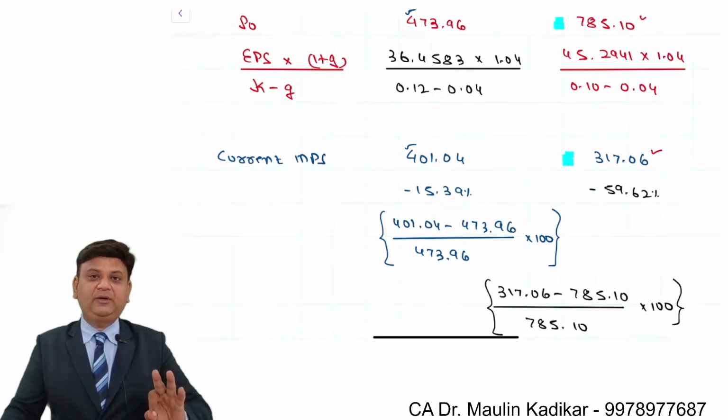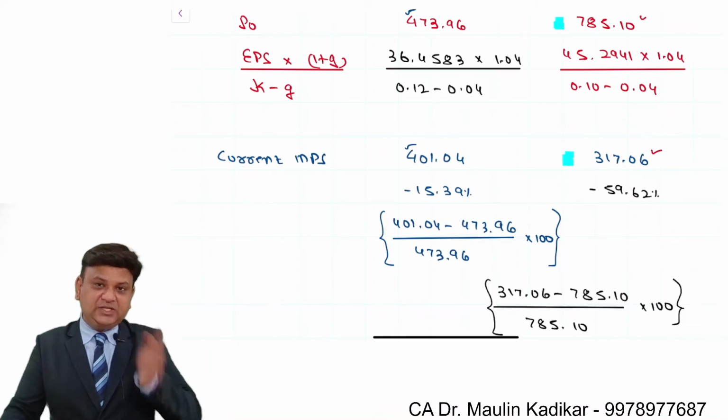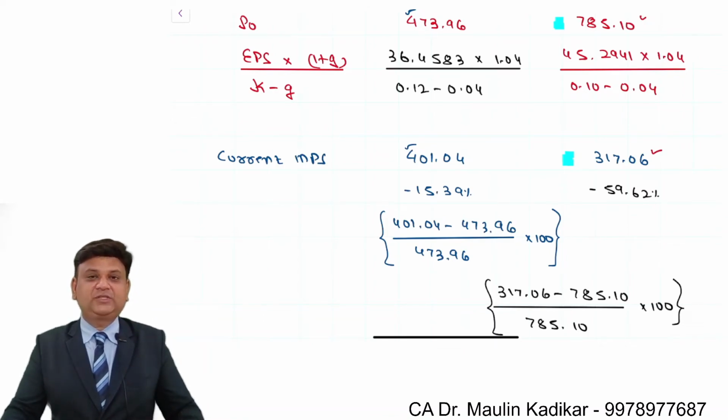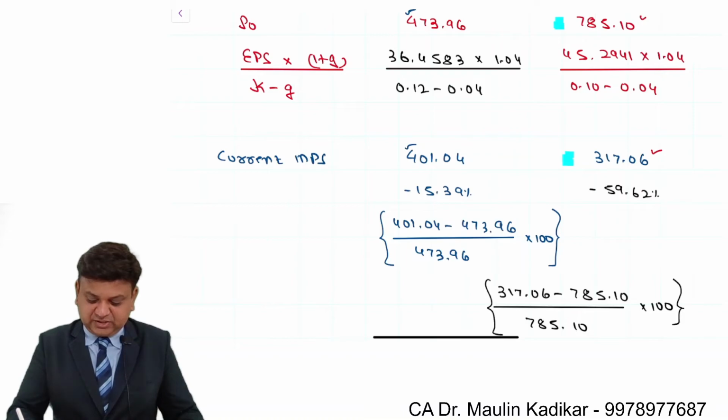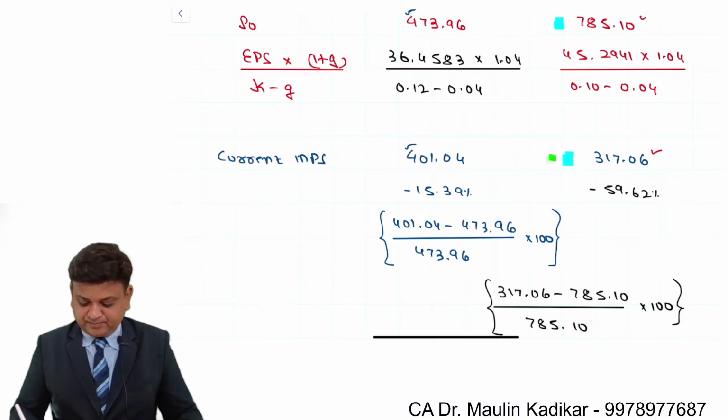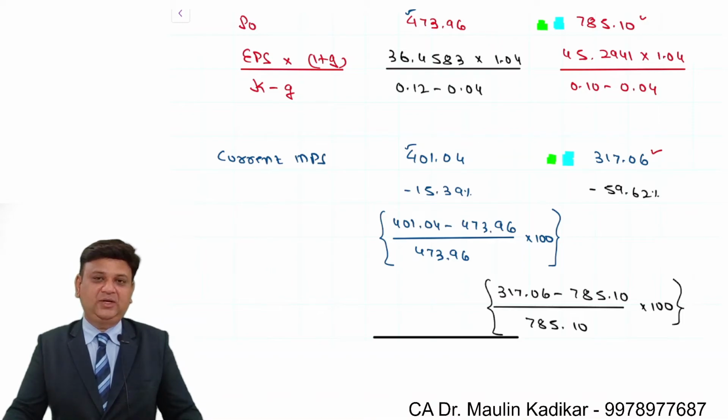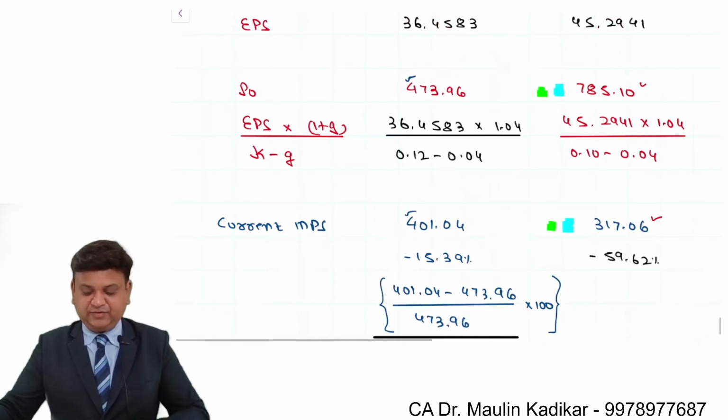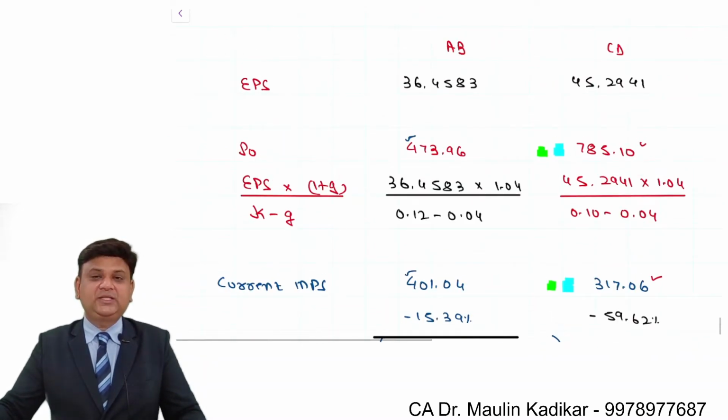So we will be able to acquire a company at a substantial discount. Because whatever price we give, which is more than this but less than this, that will give an advantage to us. So from AB Limited's point of view, this is a very good time for acquisition of CD Limited. This is the kind of comment that we are supposed to pass.